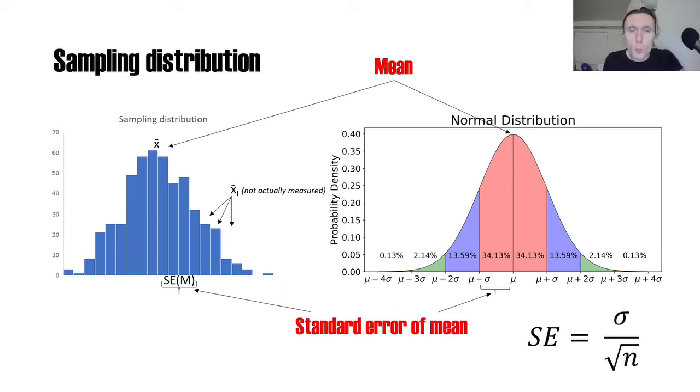So when you have a mean of 10, then one standard deviation to the right would be a score of 15. And if you go 2 standard deviations to the right, that would be 10 plus 2 times 5, which is 20.